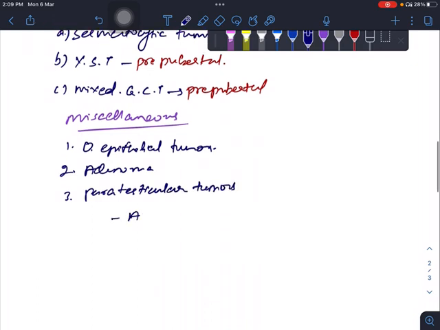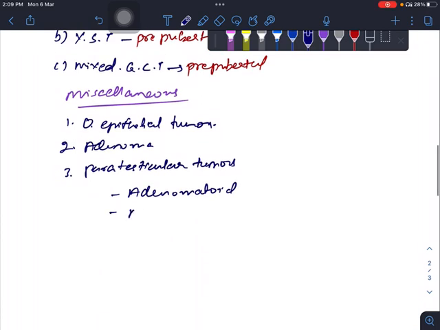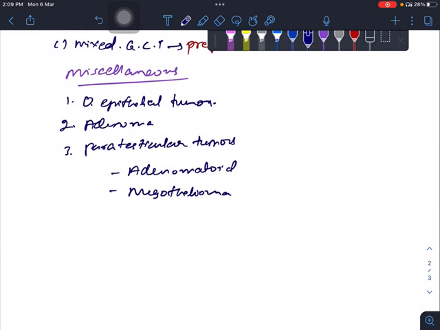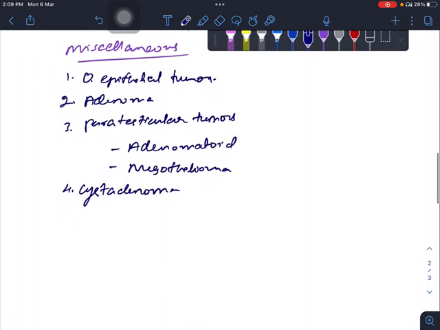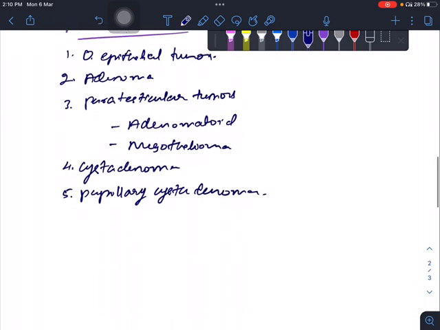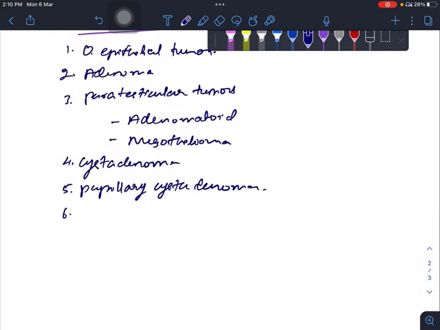These include the adenomatoid, which is the most common paratesticular tumor, mesothelioma, cystadenoma, capillary cystadenoma, adenocarcinoma of the epididymis, then mesenchymal tumors of the spermatic cord and testicular adnexae.